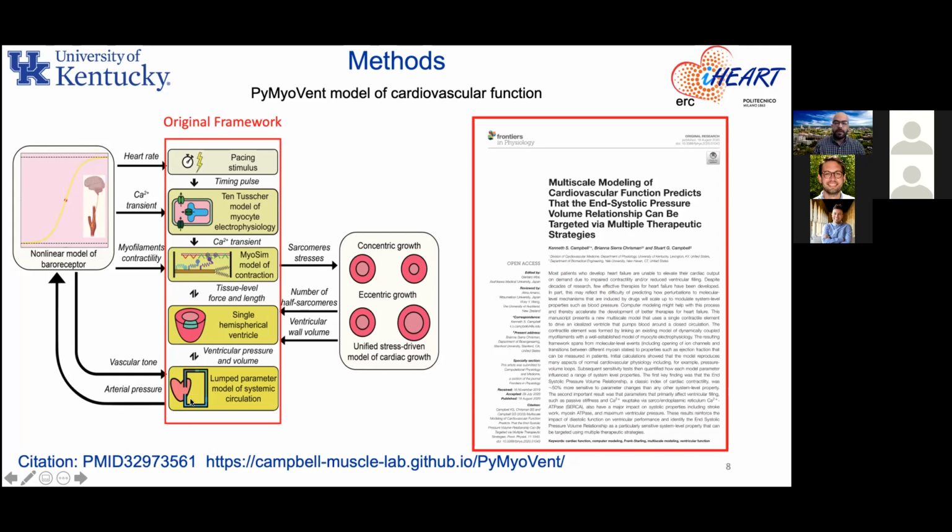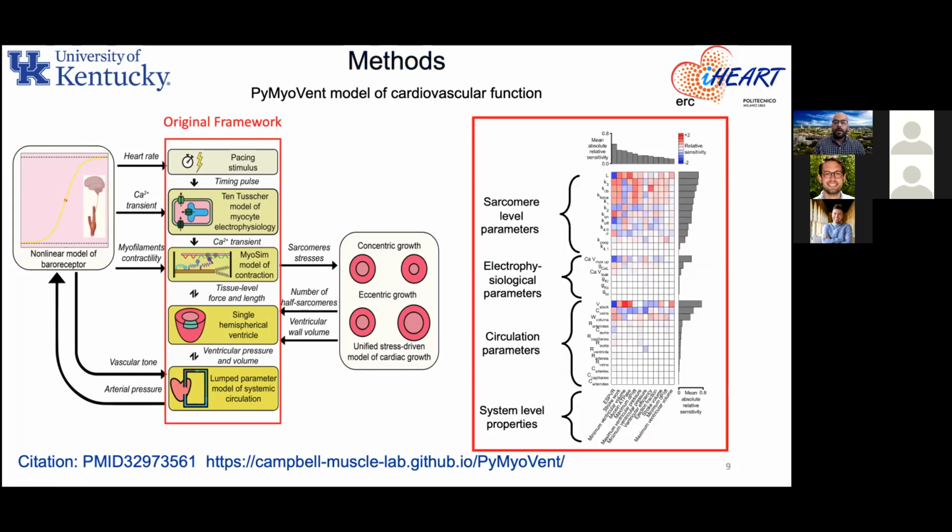In the original work, based on a sensitivity analysis, it was shown how the system level properties are influenced by alterations in the model parameters from different levels, for example, the model parameters at the sarcomere level, the electrophysiological parameters, or circulation parameters.